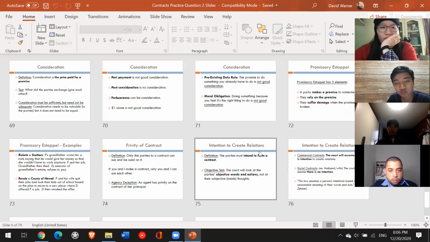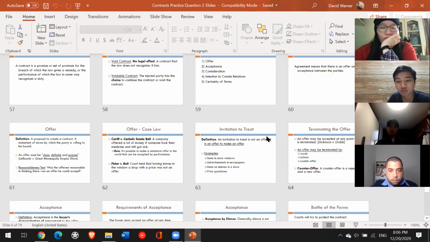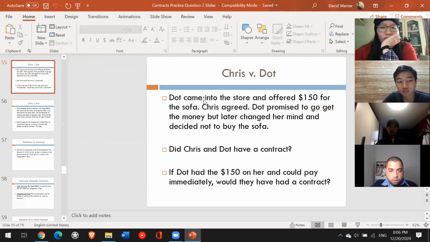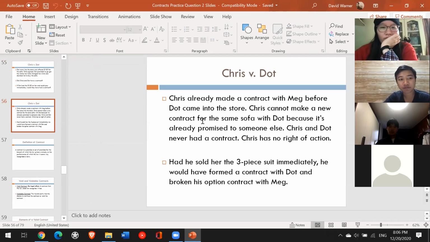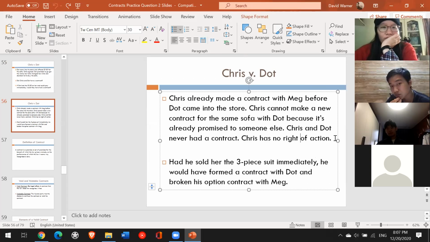What I had originally written was Chris versus Dot. I said Chris has no right of action because Chris cannot make a new contract for the same sofa because it's already promised to someone else, but that is not correct.